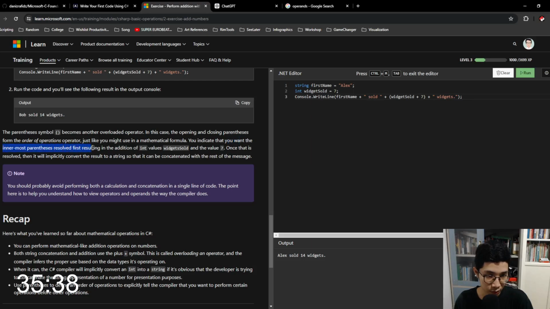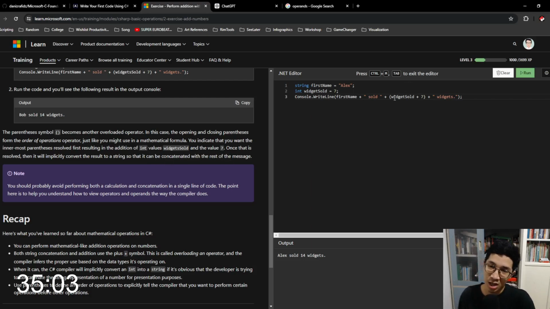Innermost parentheses resolved first, resulting in the addition. Yes, this is the innermost. Okay, once that is resolved, then it will implicitly convert the result to a string, so that it can be concatenated with the rest of the string.